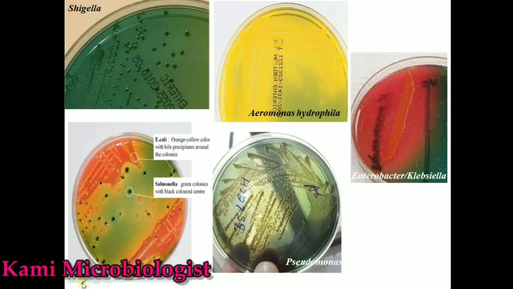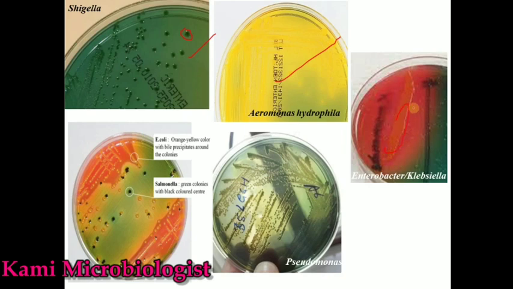Now let's see the diagram of each bacterium which we talked about. These are the growth of Shigella. As you can see, these are the green colonies. Now these are the yellowish colonies due to the fermentation of sucrose. These are the colonies of Aeromonas hydrophila. Then we have Enterobacter and Klebsiella.